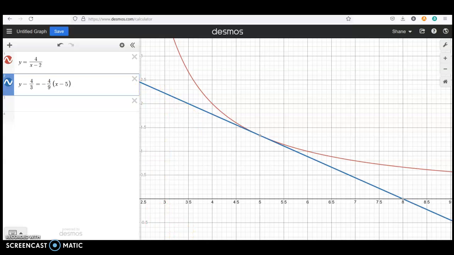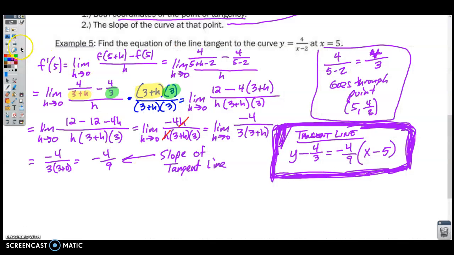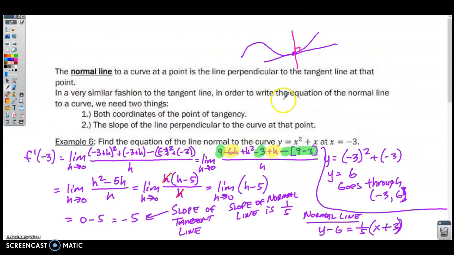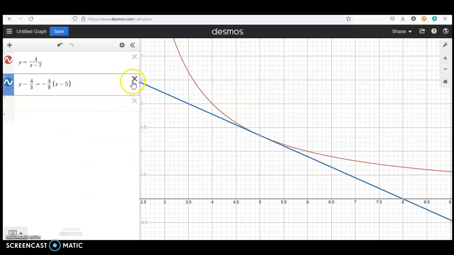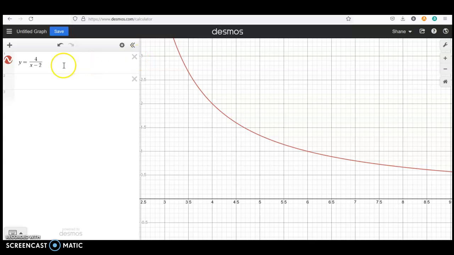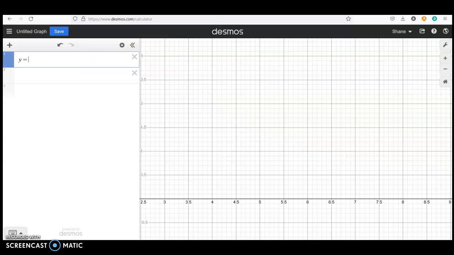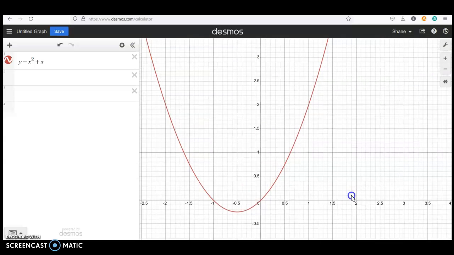Okay, let's go back to the normal line example, example 6, and we'll plot that function. So let's go back to Desmos. And we've got y equals x squared plus x, there it is.